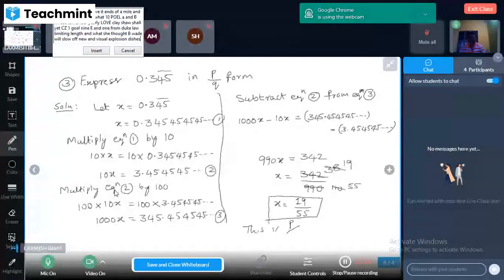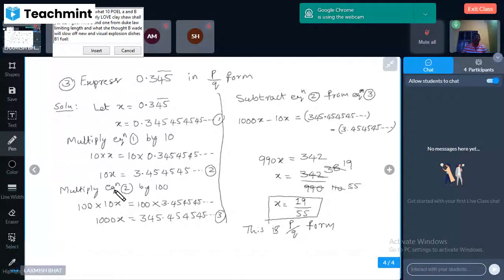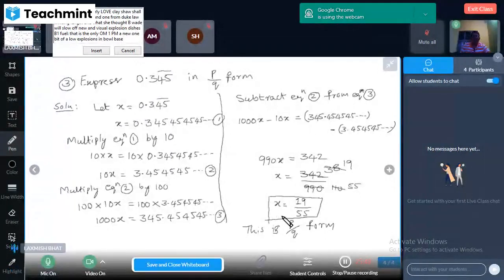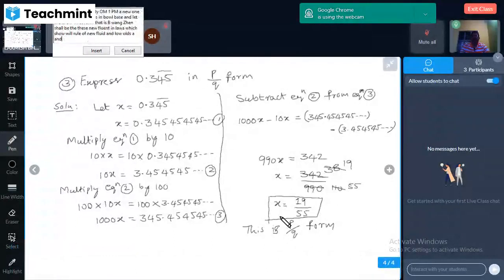That is, here we have converted the given decimal expansion into its rational number form, that is P by Q. So these are the three different examples. So go through the different examples and complete activity number 4.